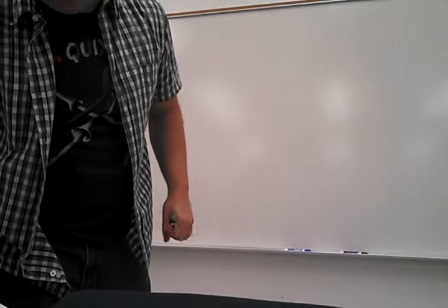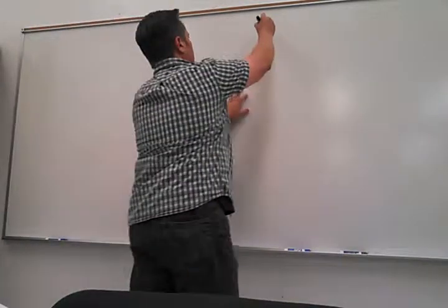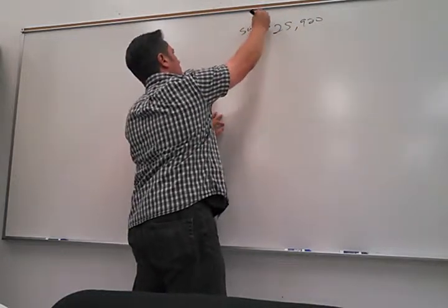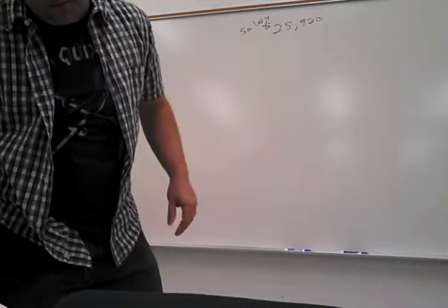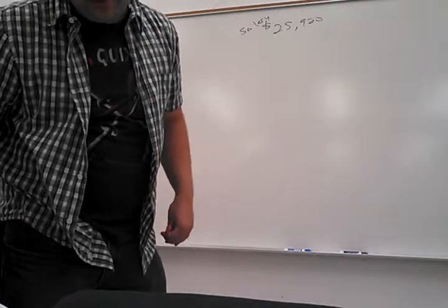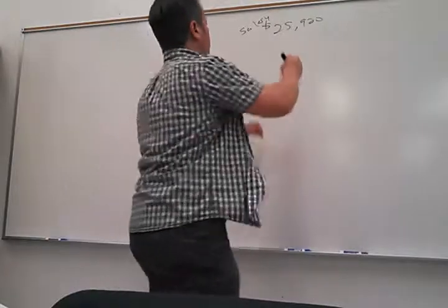So number 25 says a teacher has a salary of $25,920 for her second year on the job, that this is 4.2% more than her first year.